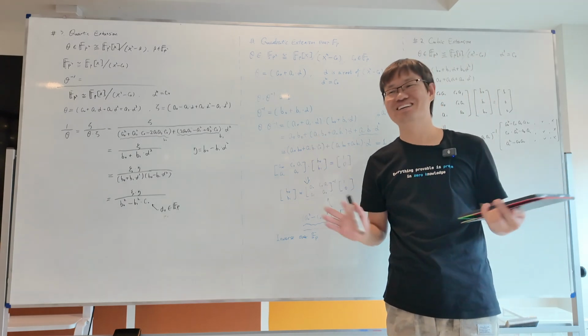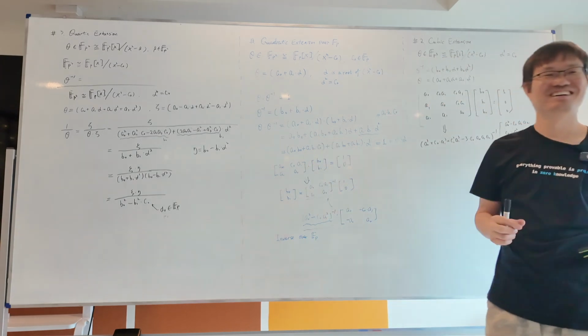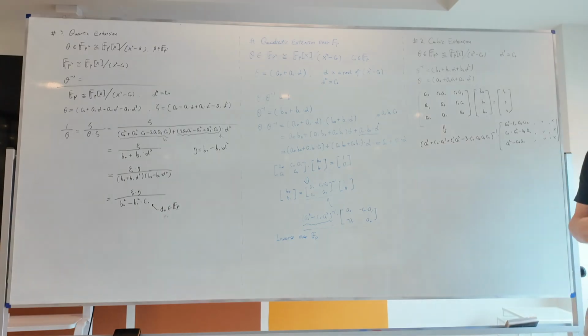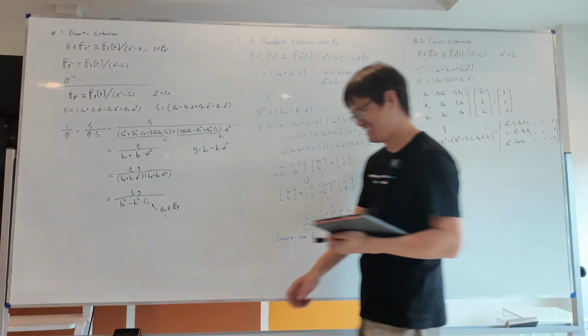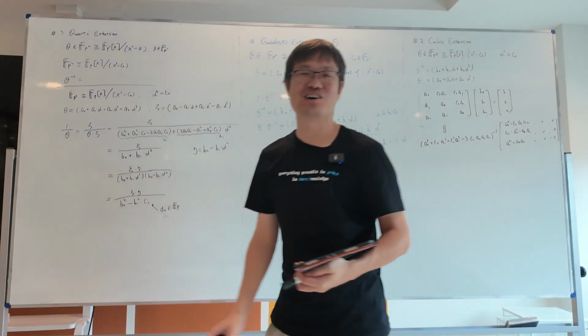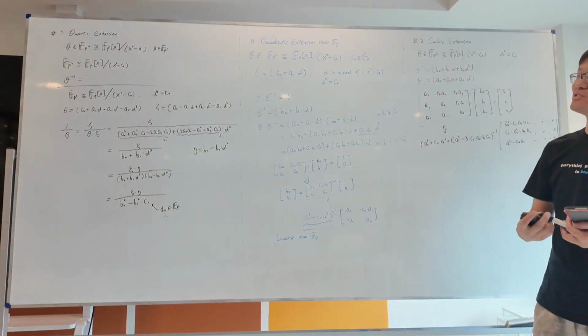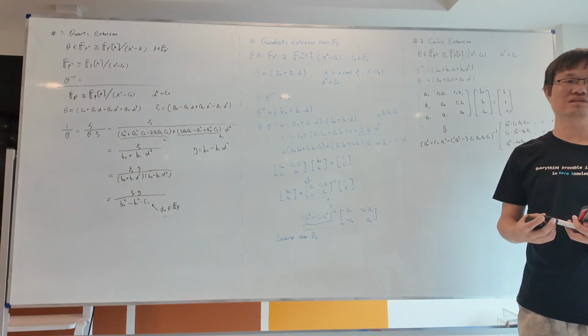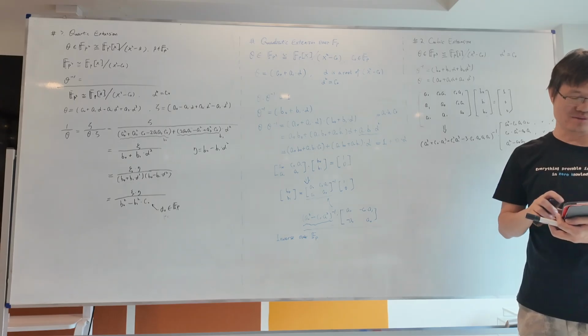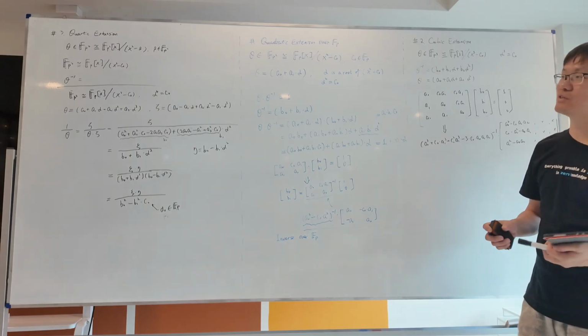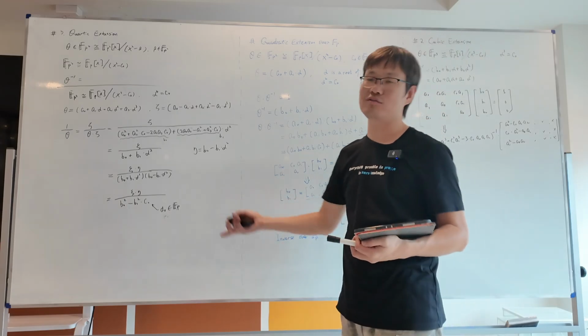Everything is okay? Everything is fine? Okay. So how about if we want a larger extension degree? How can we compute the inverse for, for example, degree 5 or 7?